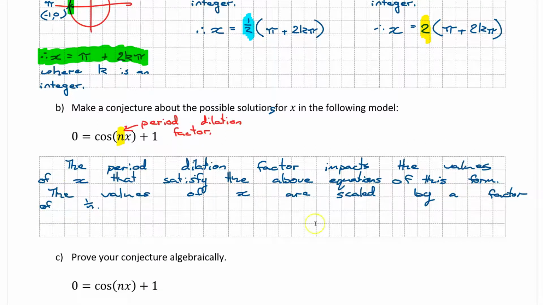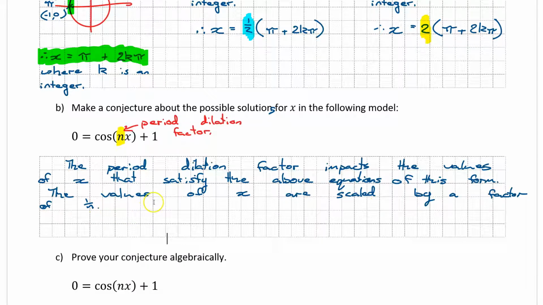So what we've got here is our conjecture. In the first sentence, we've gone for a really vague or very general statement and say that the period dilation factor affects the values of x. And then for the second sentence, we've gone in for the striking blow, and we've said the values of x are scaled by a factor of 1 over n.